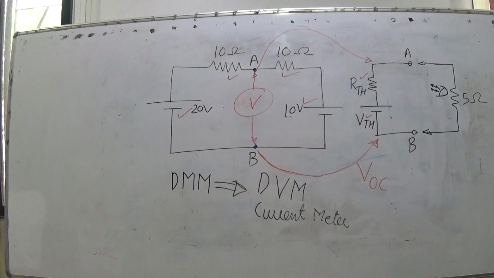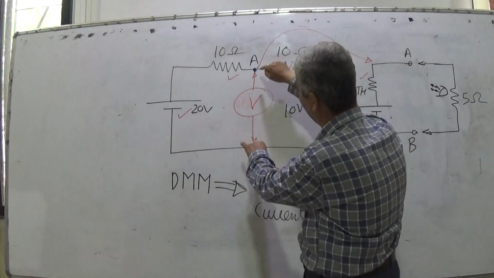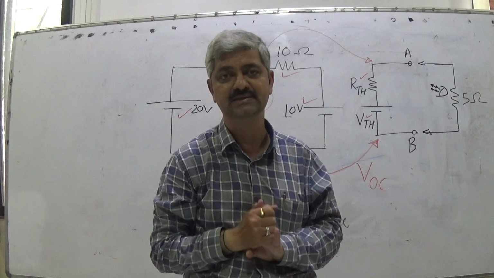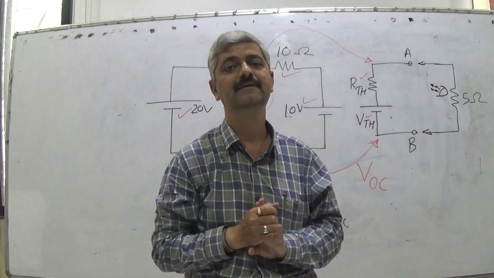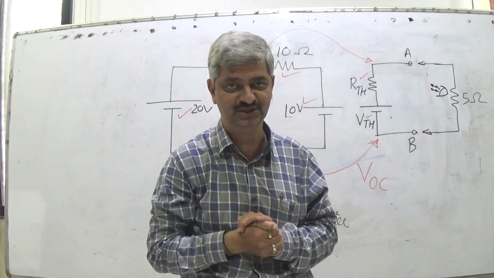Whatever voltage is read out by the voltmeter is considered to be the open circuit voltage.